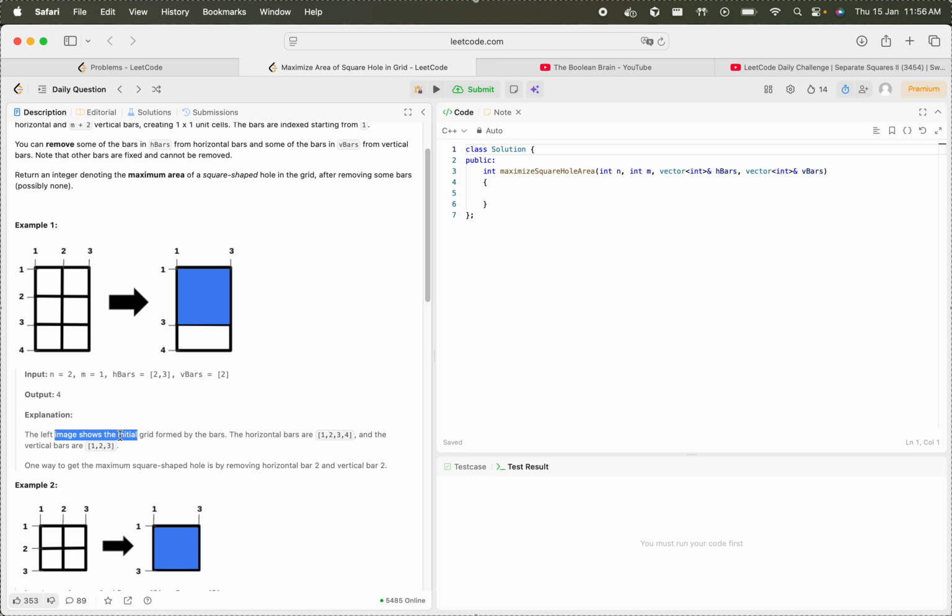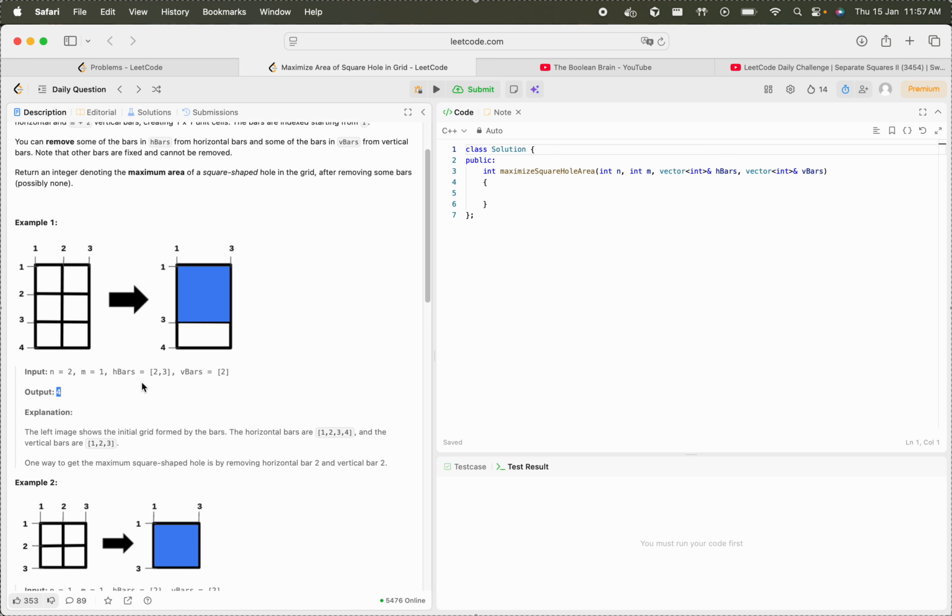For example, in this example, one way to get the maximum square shaped hole is by removing horizontal bar 2 and vertical bar 2. If you remove the second horizontal bar and also the second vertical bar, these four individual small squares can be combined, and the total is 1 plus 1 plus 1 plus 1, which is nothing but 4.